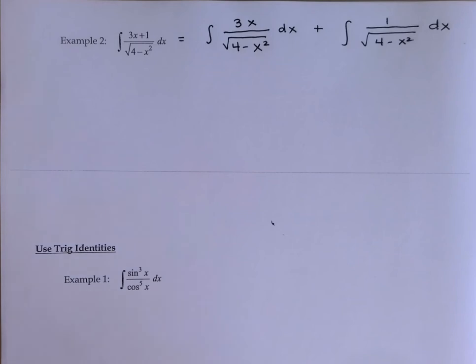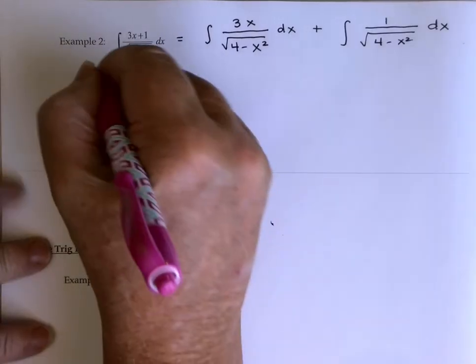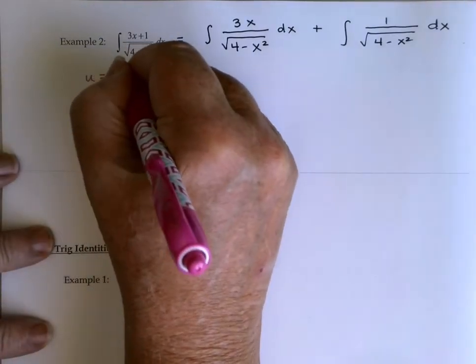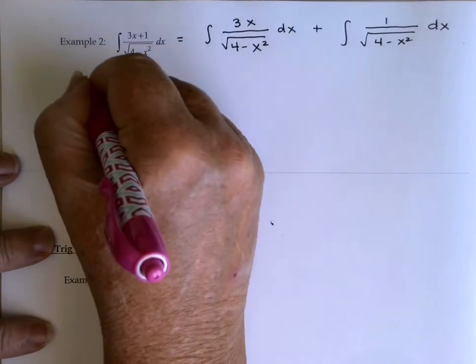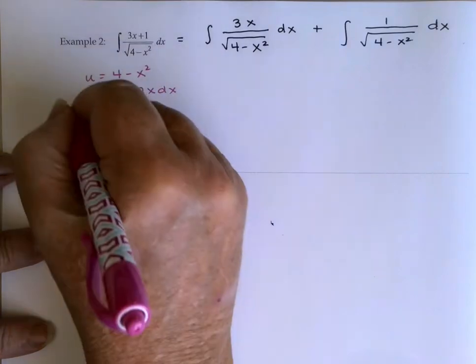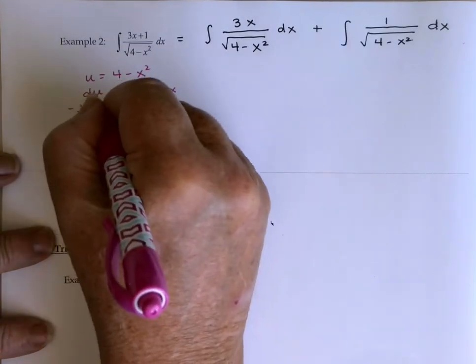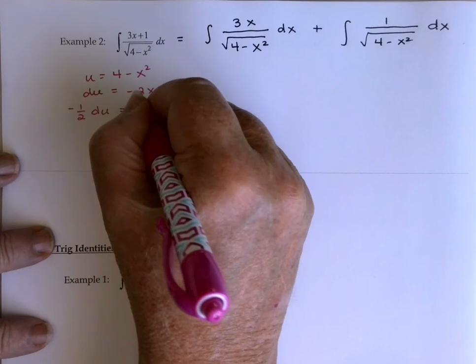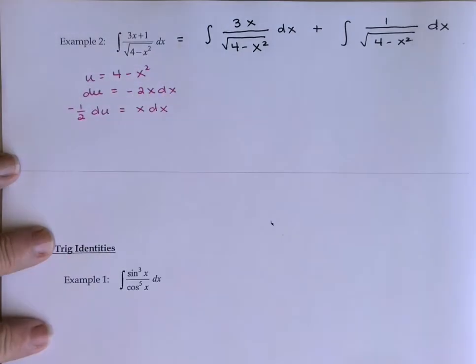So let's do the first integral with a u substitution. We'll let u be what's under our radical. So du would be negative 2x dx, and negative 1/2 du equals x dx.